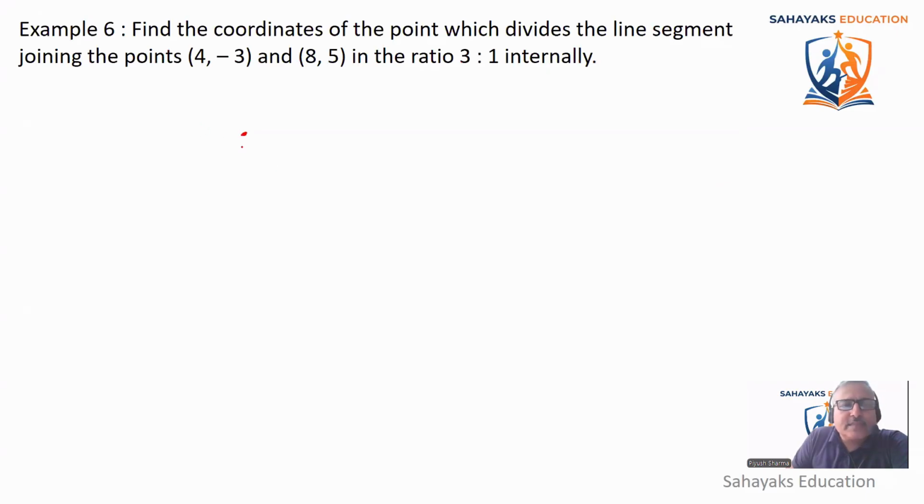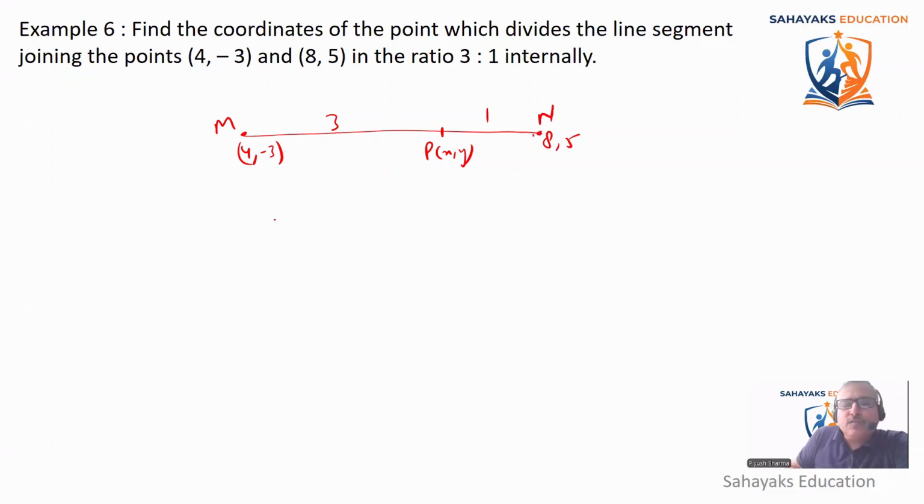Okay, so this point is 4 comma minus 3 and this point is 8 comma 5. Okay, and there is a point somewhere, I'll just say P(x, y). This divides in the ratio 3:1. And this point I'll say M, and this I say N.